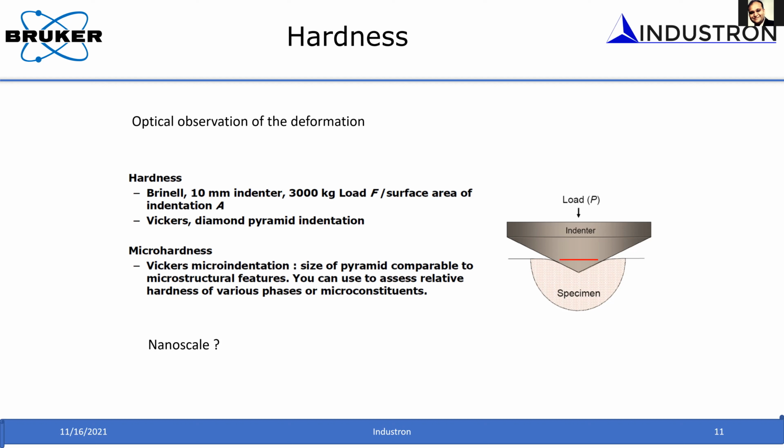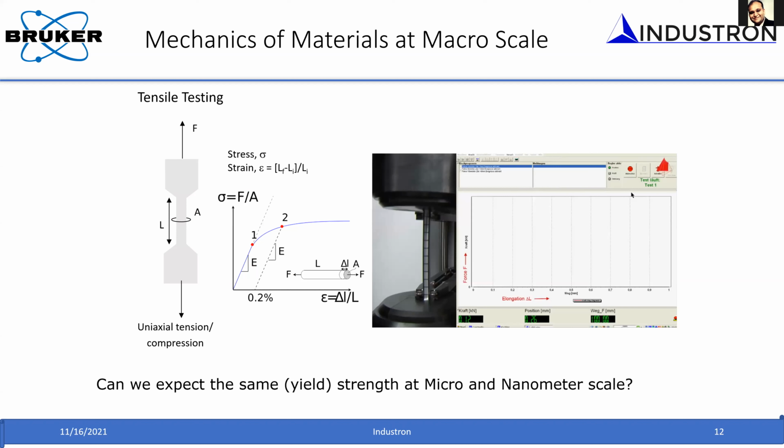So how do we measure properties at the nanometer length scale? And why do we want to measure the properties at the nanometer length scale? That is what I'm going to cover in the rest of my talk, and this is just the basics for introduction. So, for example, the thing I mentioned about the tensile test, I'm going to show you a video of the tensile test, just to recap.